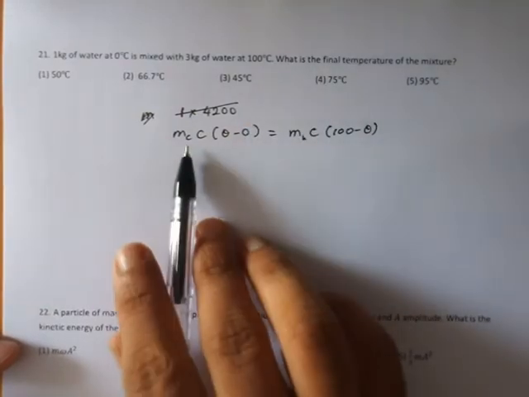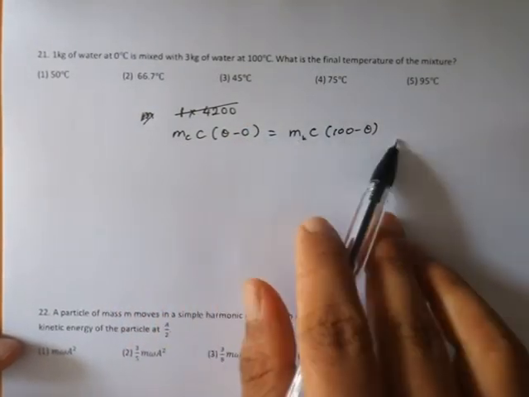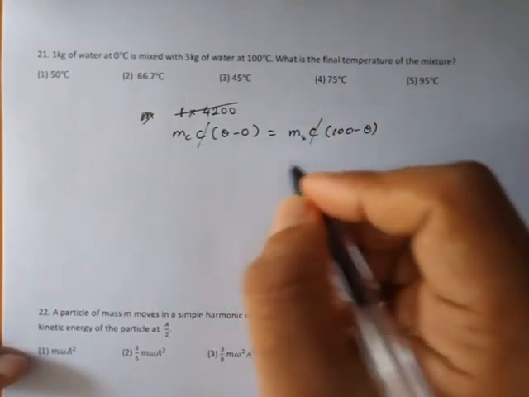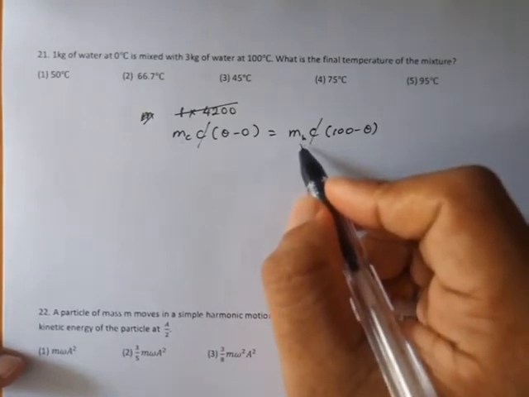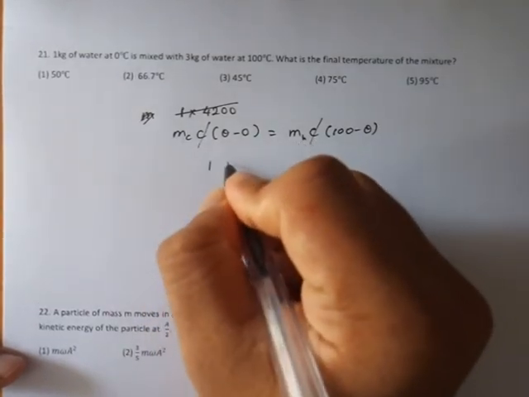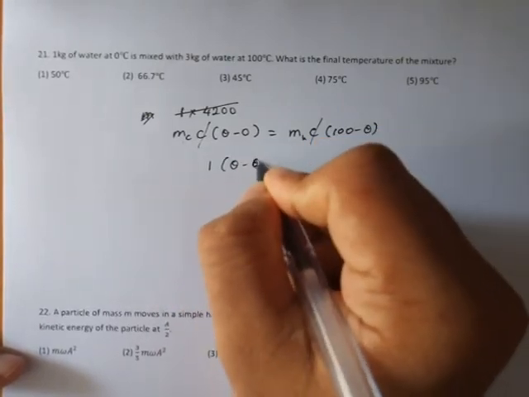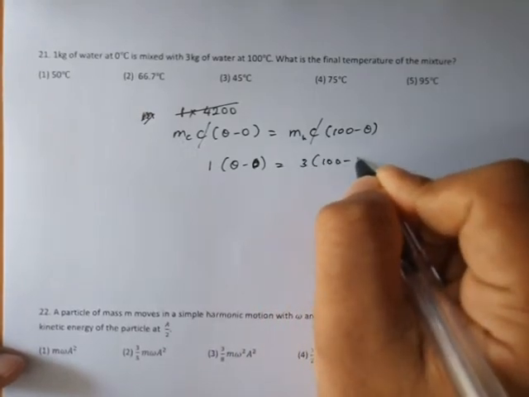So the heat gained by the cold water is equal to the heat lost by the hot water. So here c cancels off, so we get 1 kilogram, and here this one is 3 kilograms. So 1 times theta minus 0 is equal to 3 times 100 minus theta.